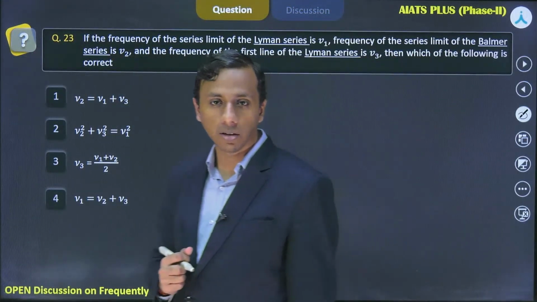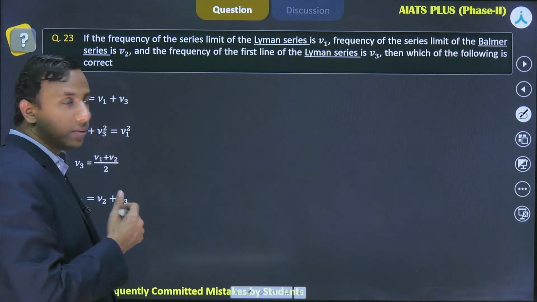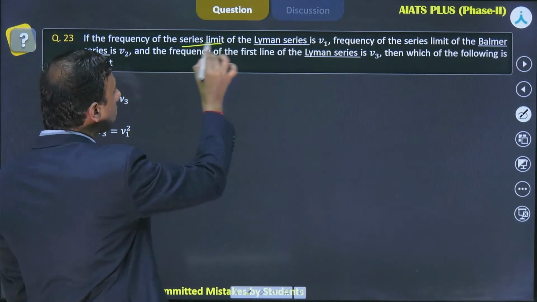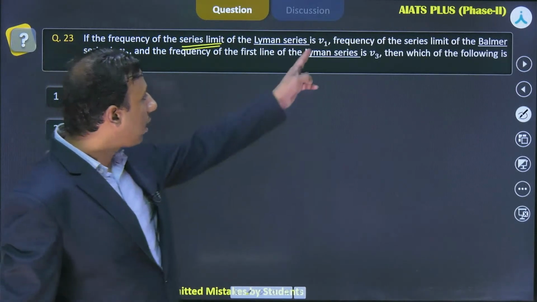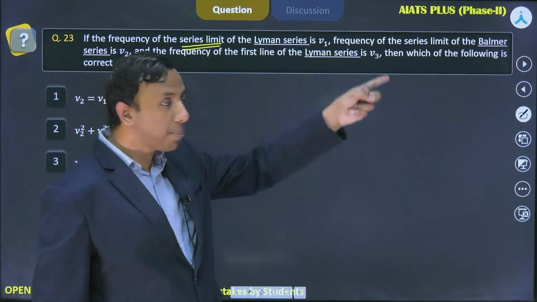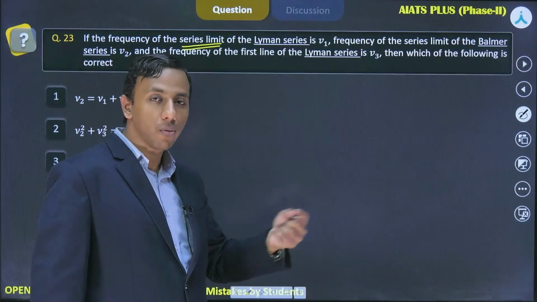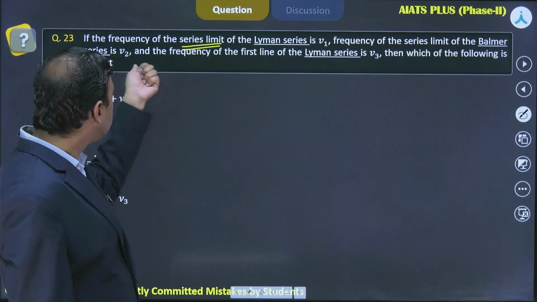Now let's see what this question talks about. Here they are saying the frequency of the series limit of Lyman series is nu 1. And another, the frequency of the series limit for Balmer series is nu 2. What is series limit, by the way? Before we go to that, let's read the next line.